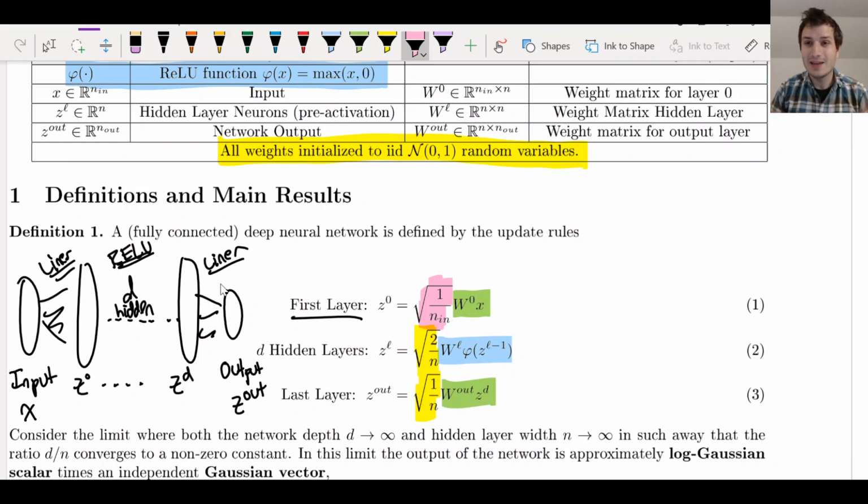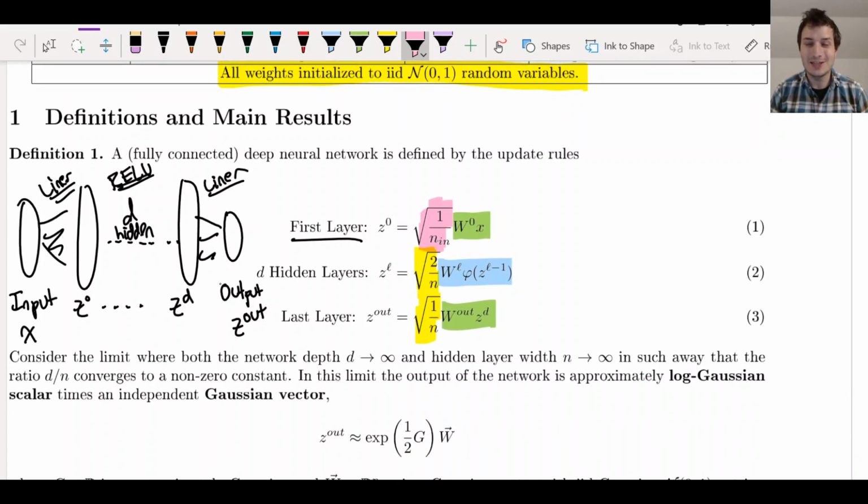By doing that, that makes sure that everything is the right sort of size, so that as we make n and d grow bigger and bigger, that's what we want to do, the infinite width and depth limit, everything sort of converges to something nicely. If you don't do these divisions, then everything's going to explode and things will go bad. These are exactly the right numbers to divide by to make sure that things converge. Okay, that's the definition of the network.